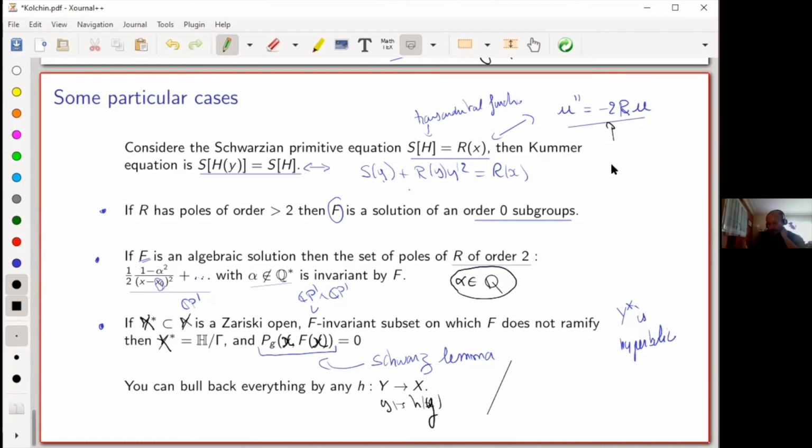And then you want to say something about the algebraic map that maps these two. So not exactly another solution, but almost another solution. I mean, you have to put some multiplicative factor here.